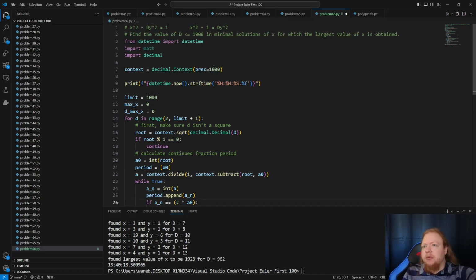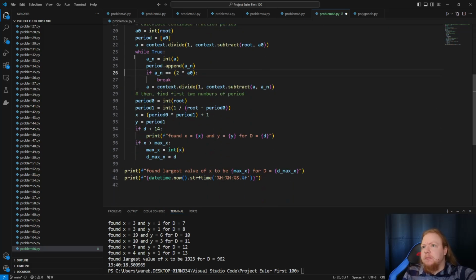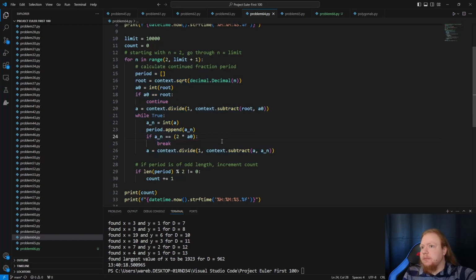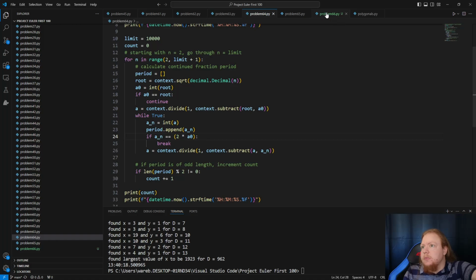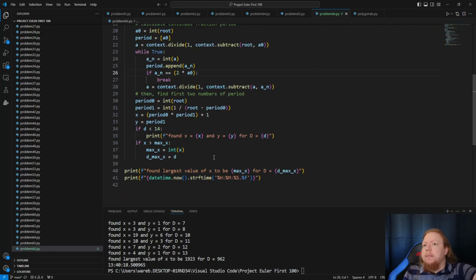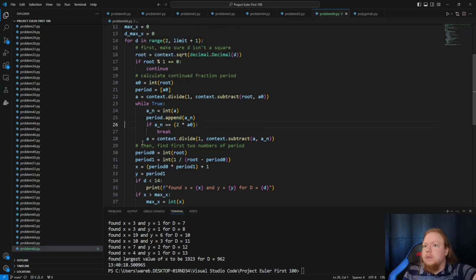Okay, and we know this works at least for up to 10,000. Because otherwise I wouldn't have been able to solve this problem. So now we have this period thing. And we want to be able to find these continued fractions based on this period.